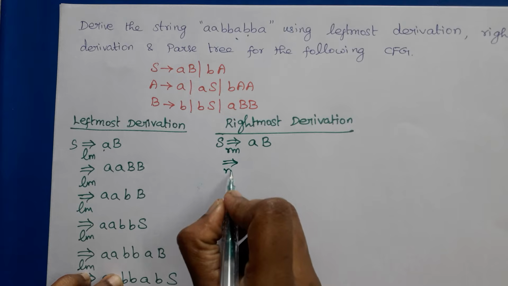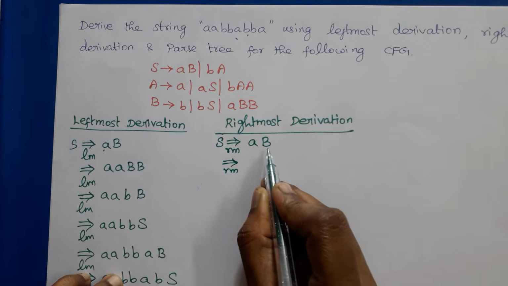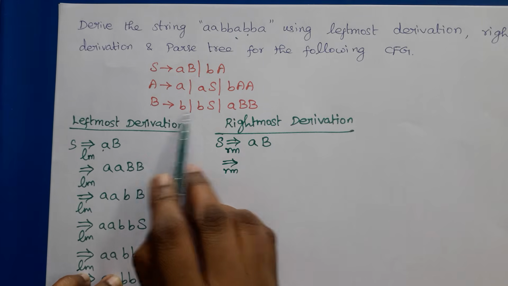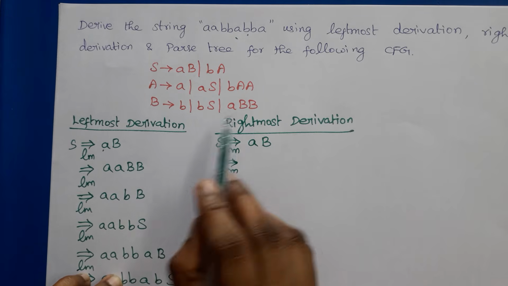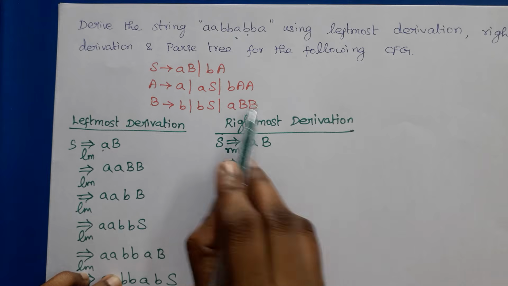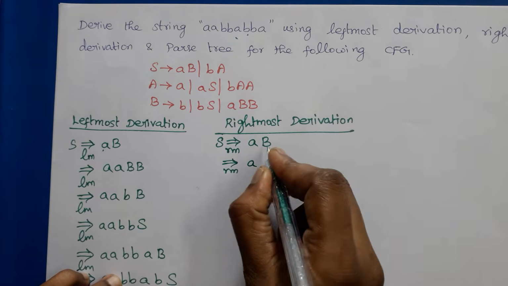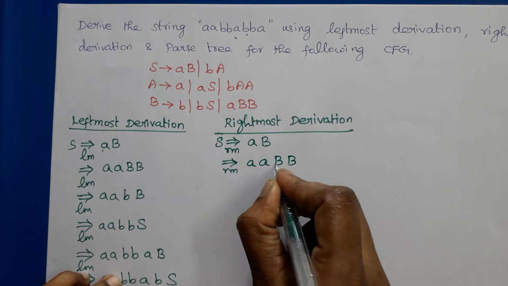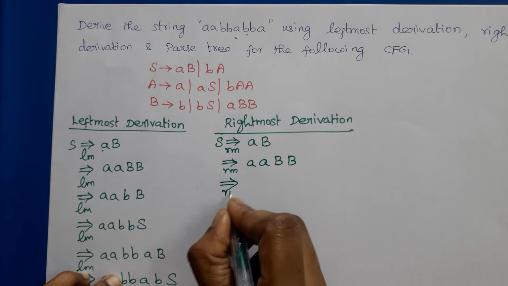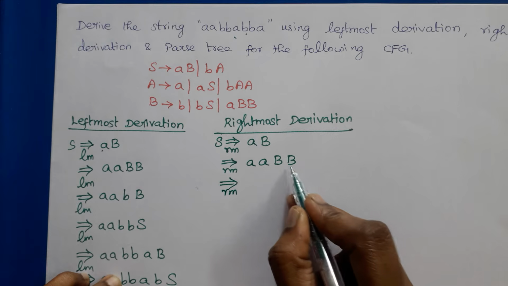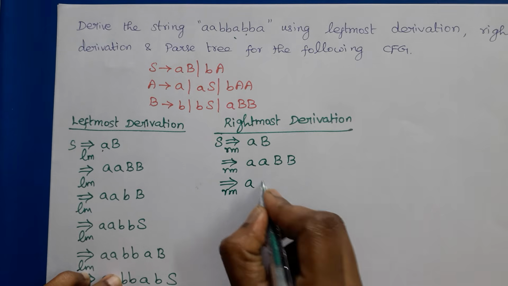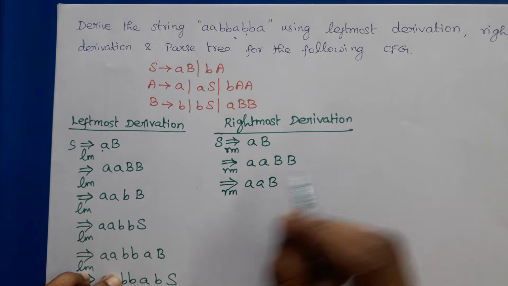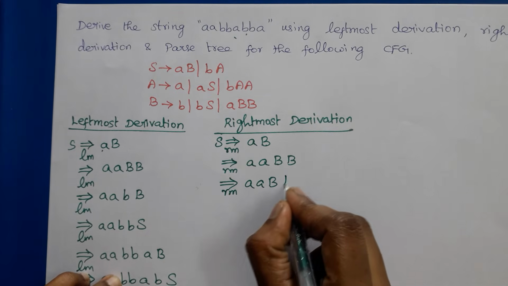Then the rightmost non-terminal symbol is B. So here B can be replaced by any one of the productions. So we may take this ABB. So B is derived as ABB. Now in this step the rightmost non-terminal symbol is B. So we need to write the remaining symbols as it is, and B can be replaced by BS.